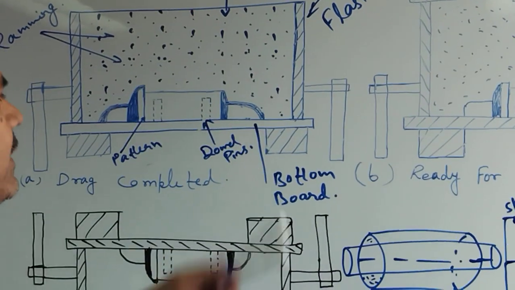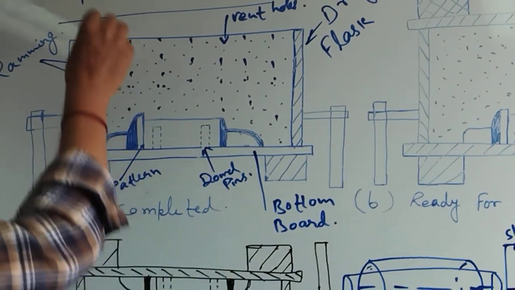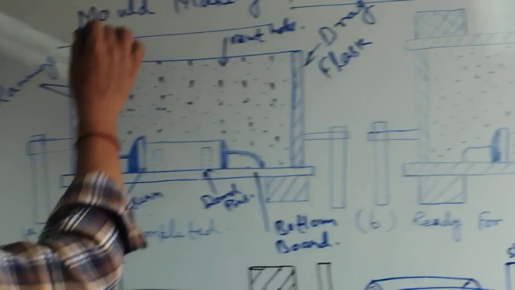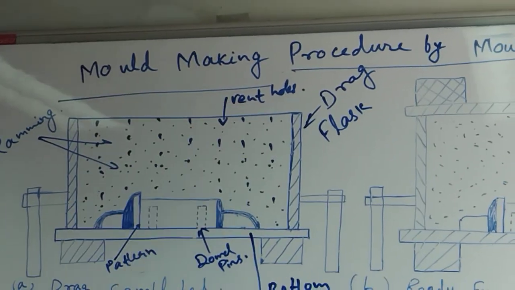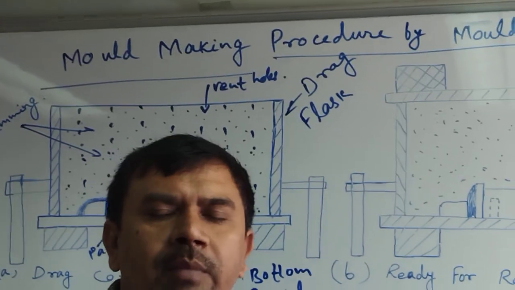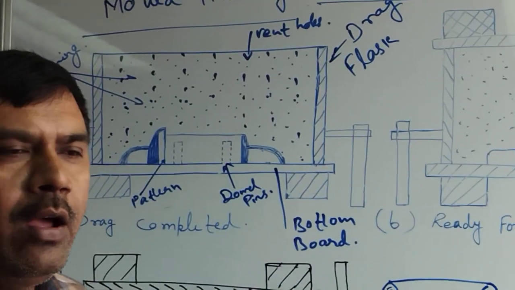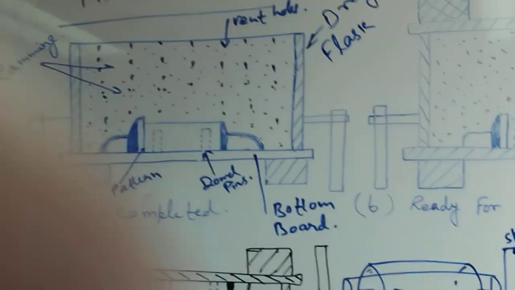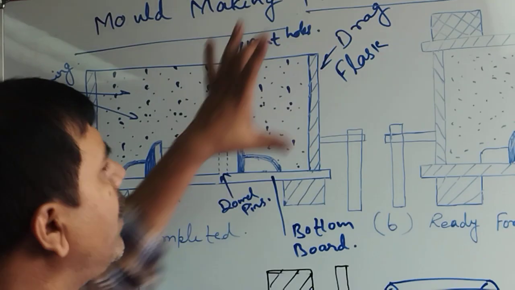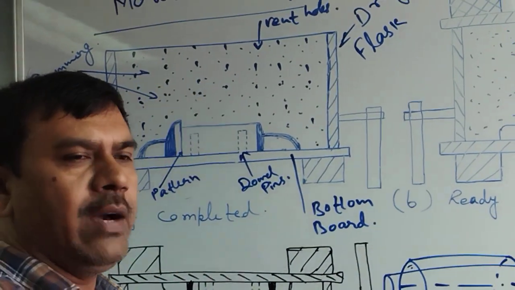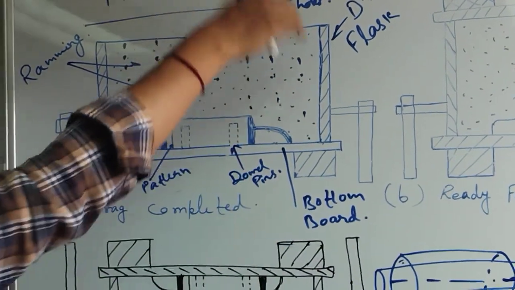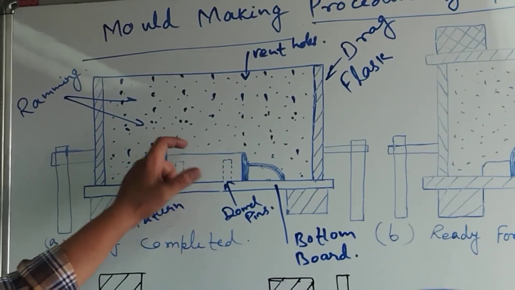For escaping the gases, we use through holes. These holes are named vent holes. A 2 millimeter wire, about the full length, is pinned randomly all around the space through the pattern also.